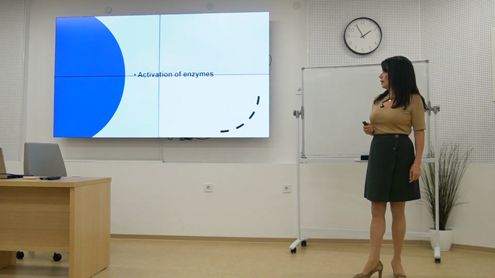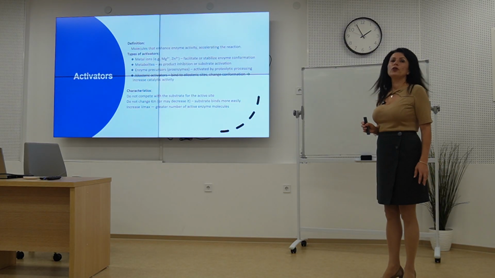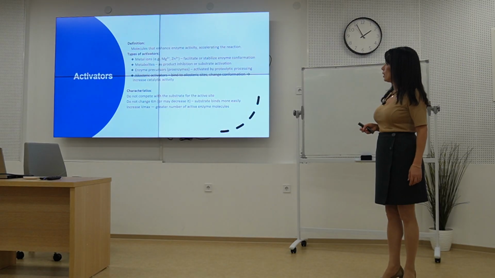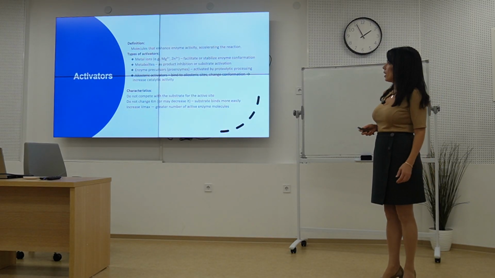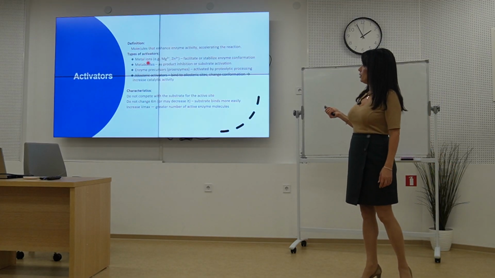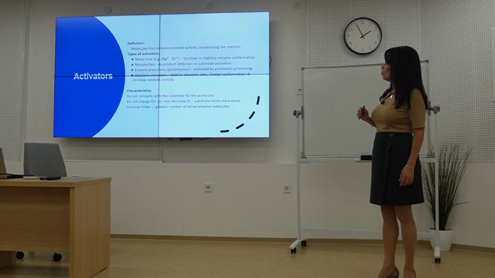Activation of the enzymes. The definition: molecules that enhance enzyme activity and accelerate the reaction. These compounds are called activators. Types of activators: metal ions like magnesium and zinc, which facilitate or stabilize enzyme conformation.